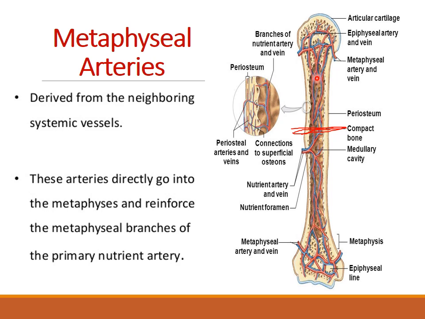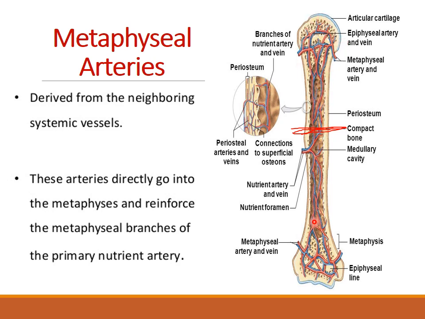The metaphyseal artery runs along the attachment of the fibrous capsule, and then enters into the metaphysis. So they move towards the metaphysis, where they end up making anastomosis with the medullary arteries and with the epiphyseal arteries.